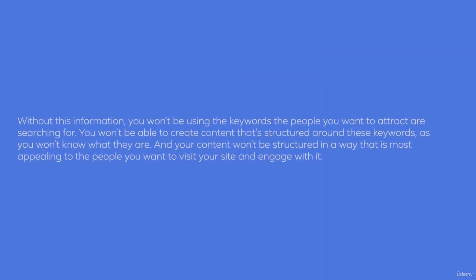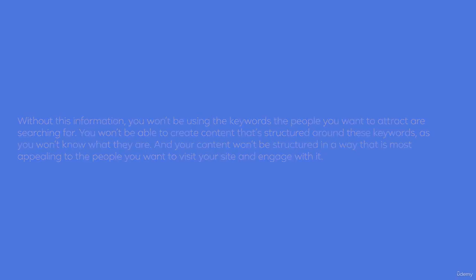Without this information, you won't be using the keywords the people you want to attract are searching for. You won't be able to create content that's structured around these keywords, as you won't know what they are. And your content won't be structured in a way that is most appealing to the people you want to visit your site and engage with it.